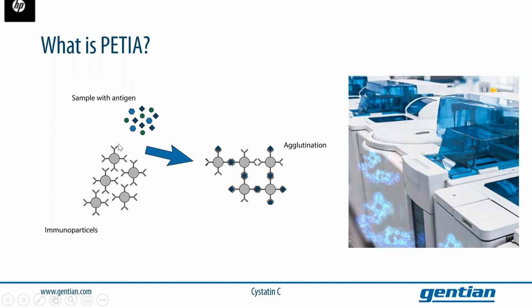And the antibodies are designed so that they only attach themselves to the Cystatin C antigens. Once these are mixed inside the machine, the antibodies will attach themselves to the antigens, and many can attach themselves to the same antigen and then make these big complexes.